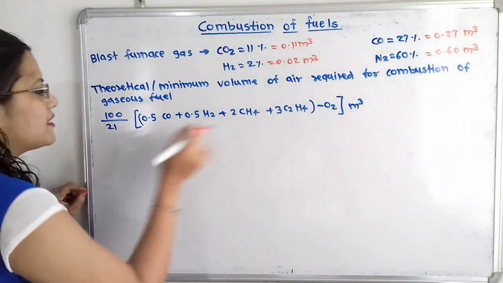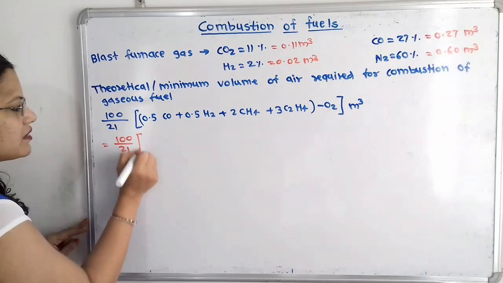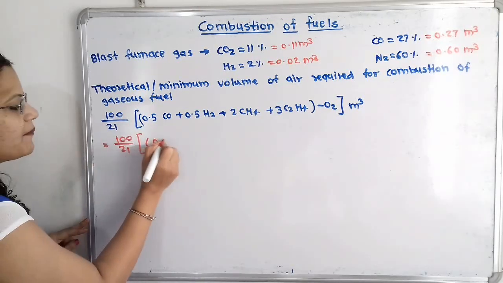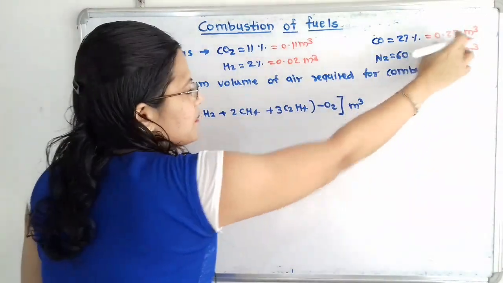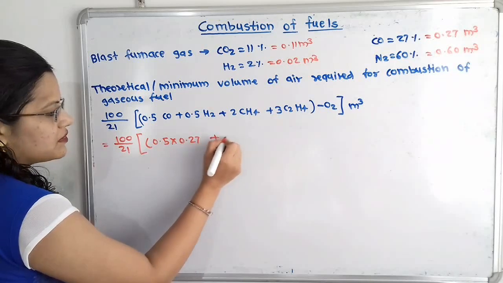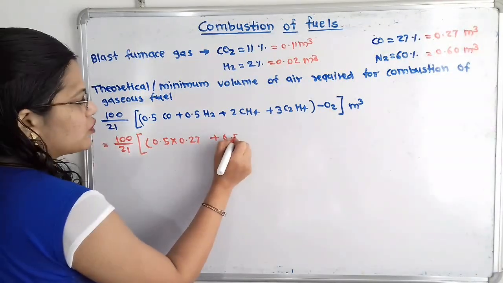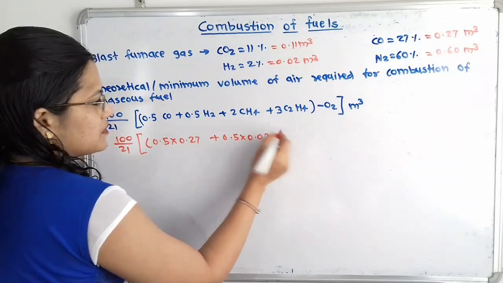Now we will write this formula: equal to 100 by 21 in the bracket. Now 0.5 multiplied by CO. CO is given as 0.27. So we write 0.27 plus 0.5 multiplied by H2, 0.02, plus CH4.